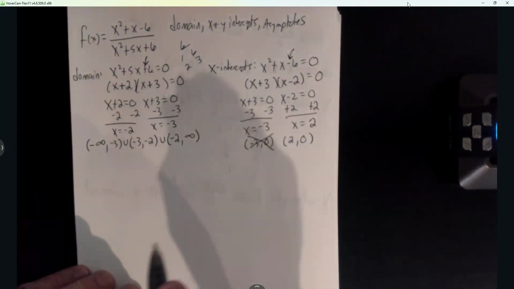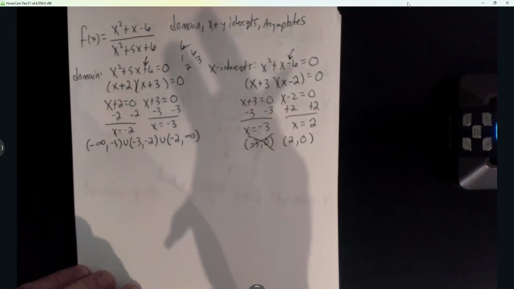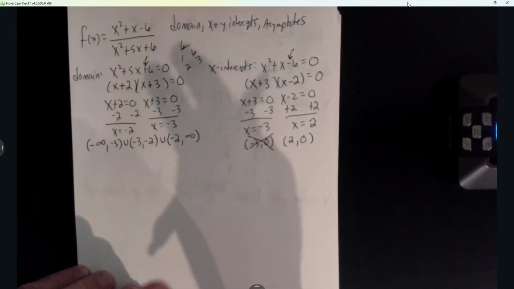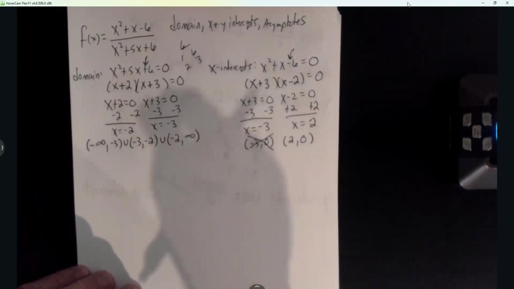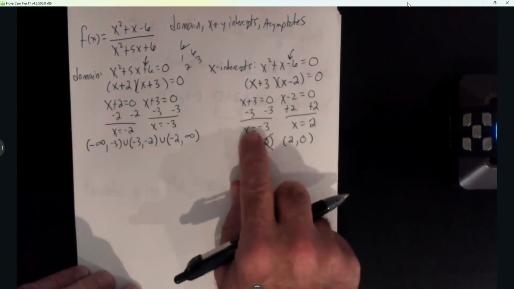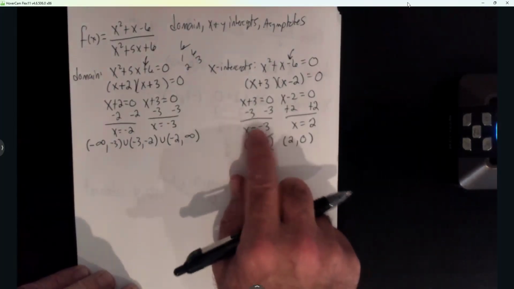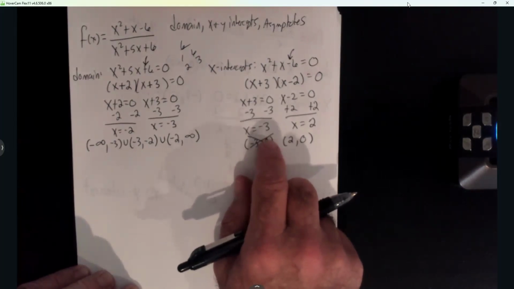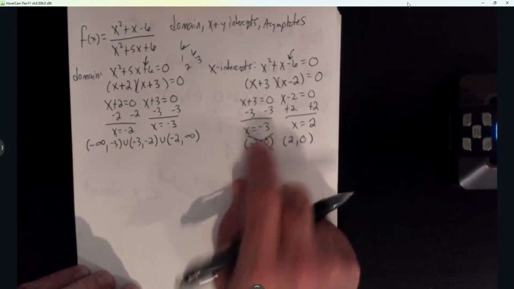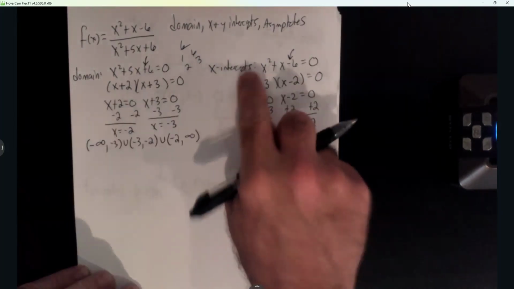That means when you find your two vertical asymptotes, that one vertical asymptote, if it equals x equals negative 3, we got to cancel that out also, okay? All right. So that's the x-intercept.